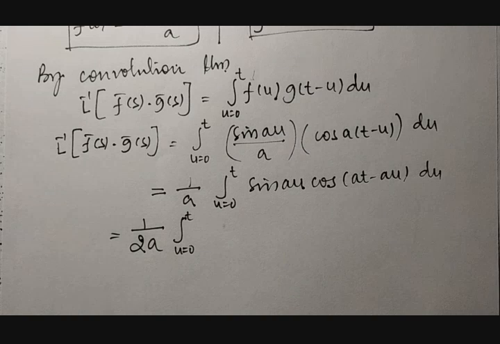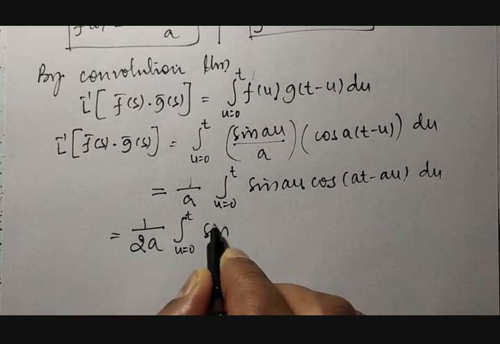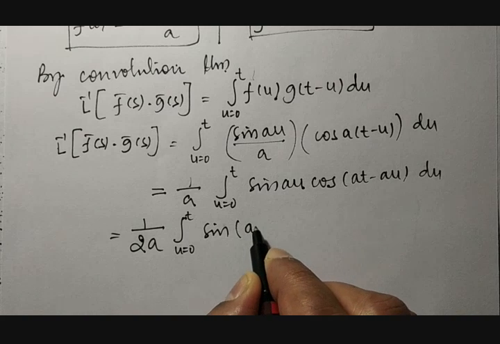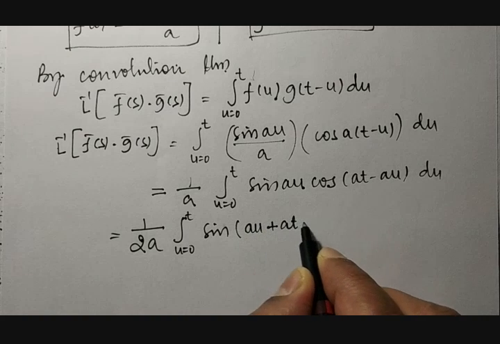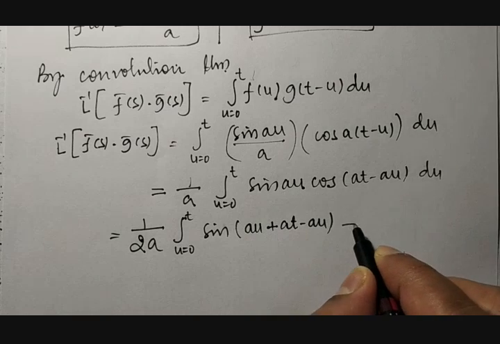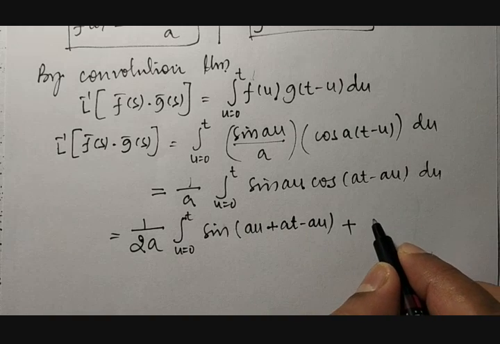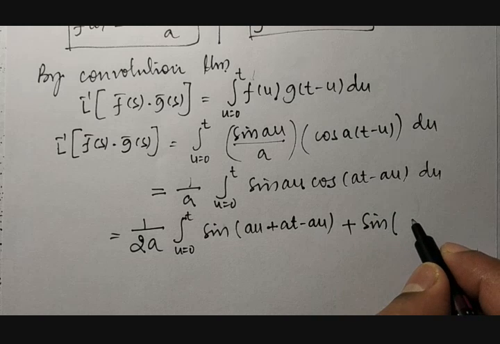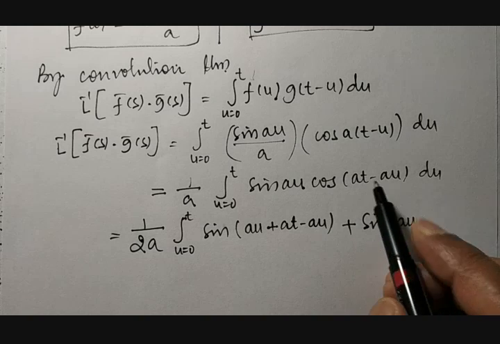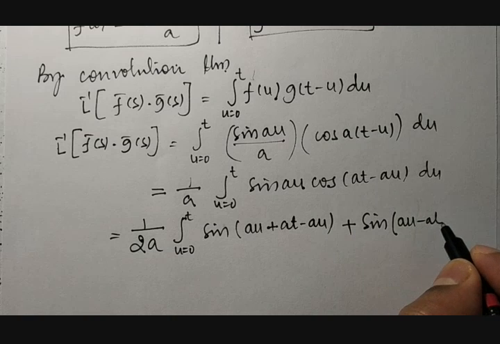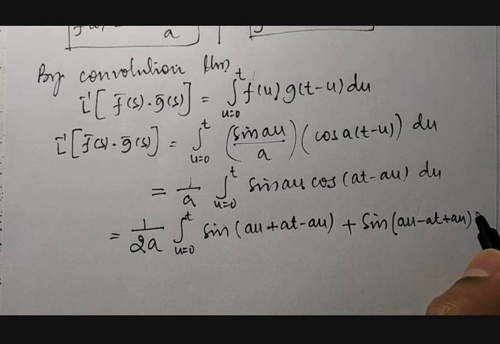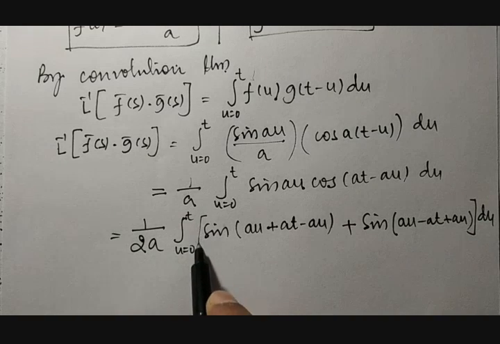Sine A cos B is nothing but sine of A plus B plus sine of A minus B, divided by 2. That 2 is already taken. Then it becomes sine of au plus at minus au, plus the second term sine of au minus at plus au, with respect to u as it is.